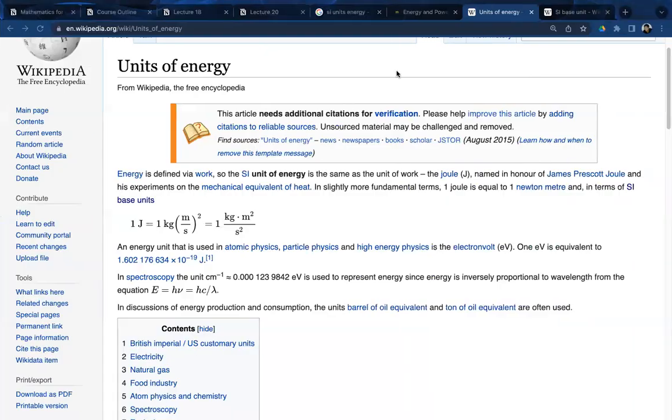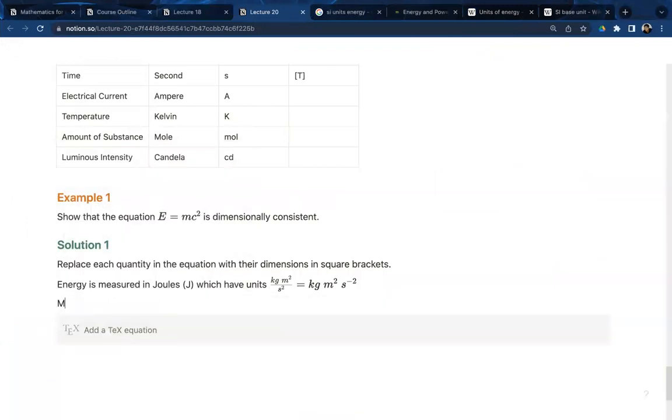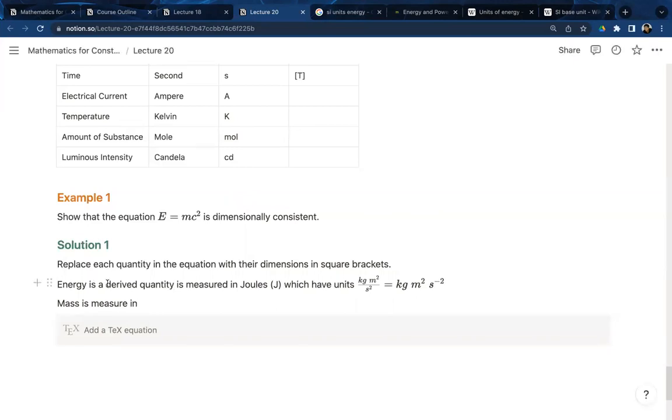So we say we've got to get the units for everything. That's energy, a derived quantity, measured in joules.